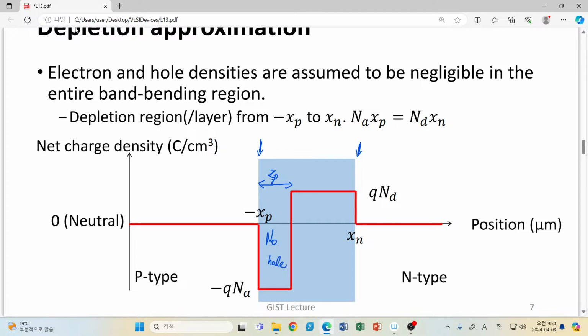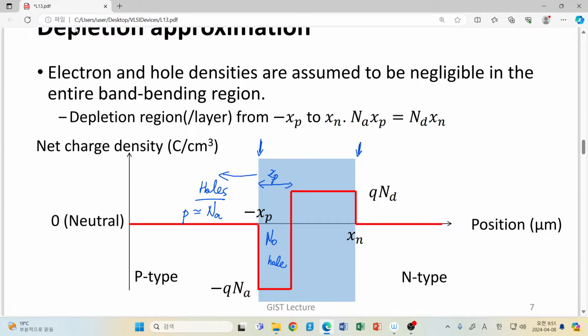Holes are completely eliminated. And beyond that position, our holes are completely recovered. So what is the assumed hole density? That is actually just NA.